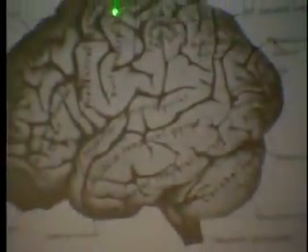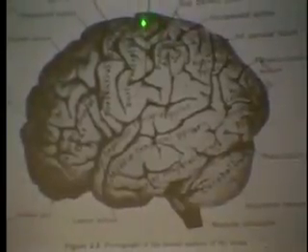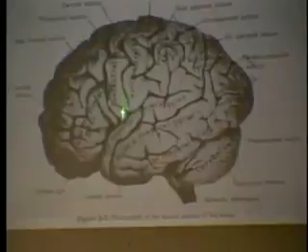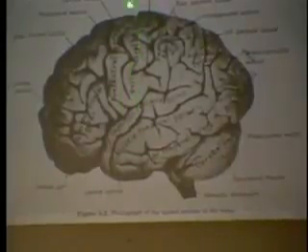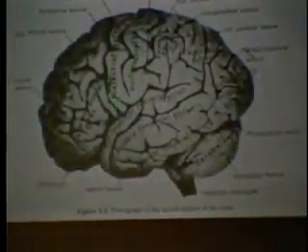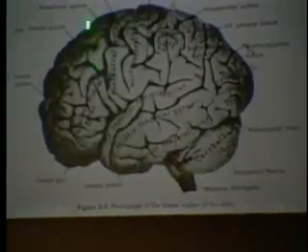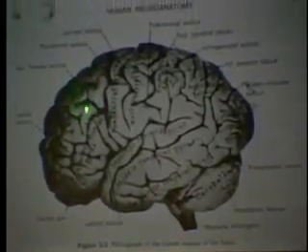We'll have our central sulcus coming down here. Here's central sulcus, post-central gyrus, pre-central gyrus, and then we just gave the premotor area, and then the frontal eye fields here.